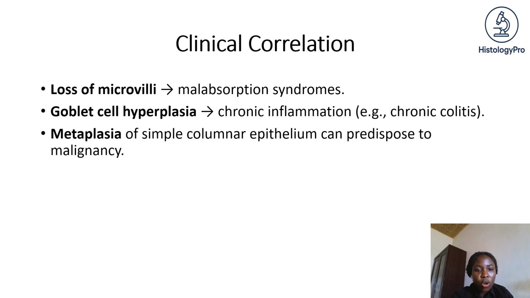When goblet cells become too many, it usually means the tissue is reacting to long-term inflammation or irritation, such as in chronic colitis. Over time, if the normal simple columnar epithelium changes into another cell type, a process called metaplasia, it can increase the risk of developing cancer.